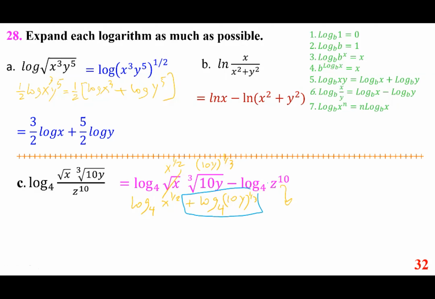This one is 1/3 log of 10y. And all of them have the same base, remember that, base 4. And this one is 1/3 log base 4 of 10 plus log base 4 of y. And that's what we get.